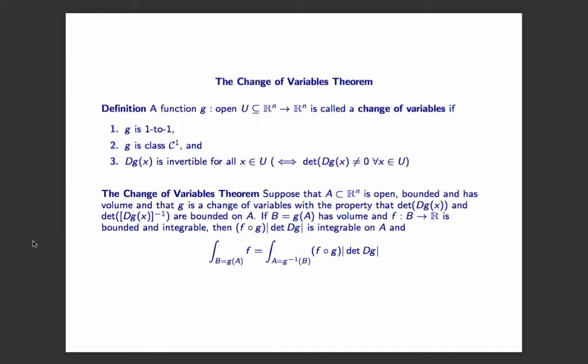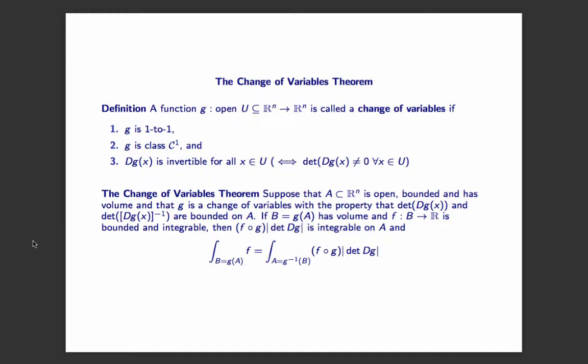Well, if B is my change of variables of A, so it's G applied to A, if B has volume and F maps B to the reals, is bounded and integrable, then so is the composition of F with G times the absolute value of the determinant of the derivative of G. And furthermore, we get this equality of integrals.